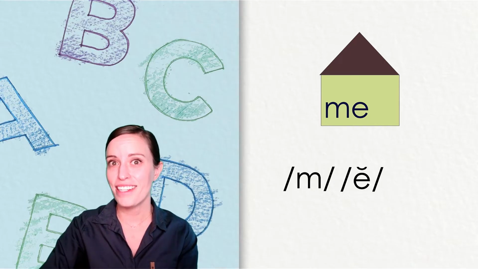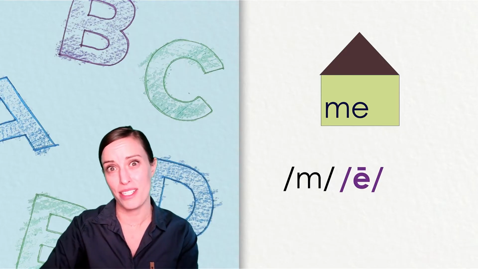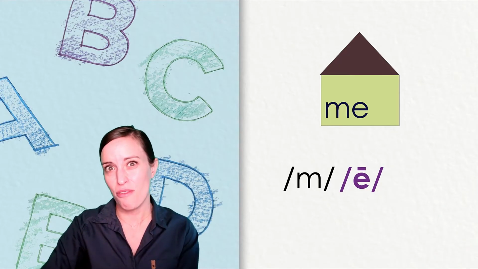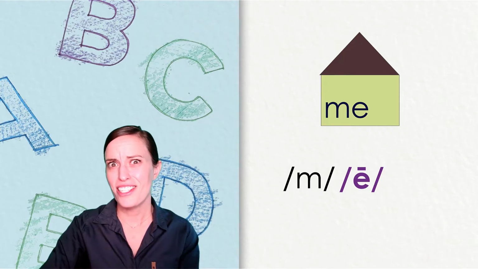So the word changed from met to me. What do you notice about the vowel sound now? How did it change from the word met to the word me? That's right, it changed from a short to a long vowel.